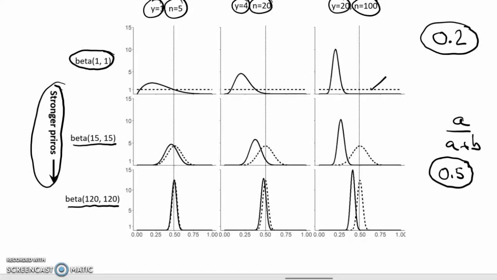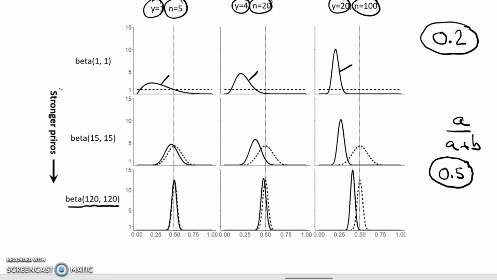In the case where we've got a flat prior, the data are permitted to speak for themselves. So the posterior is shown by the solid line. The posterior becomes increasingly stronger peaked with more and more data. So the posterior with a flat prior is determined entirely by the data.